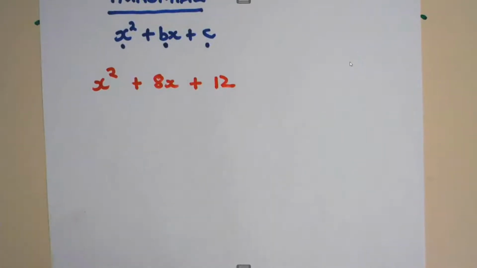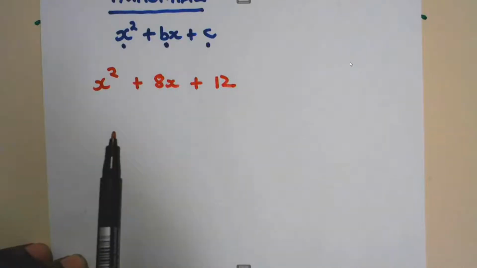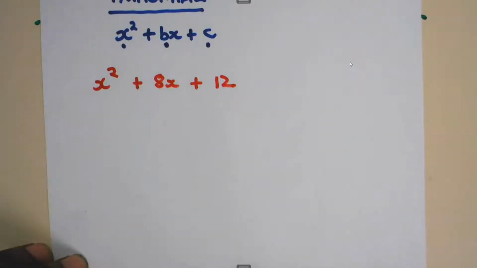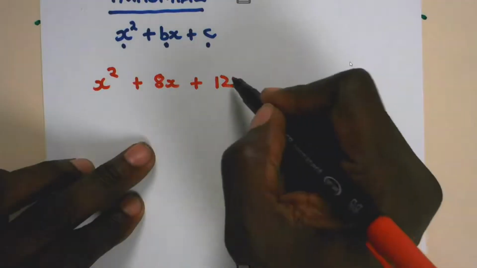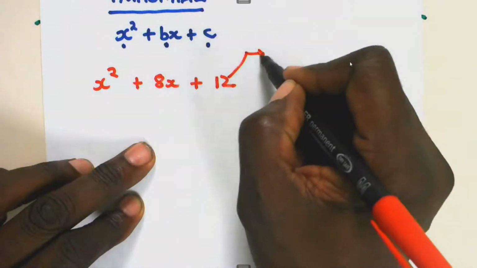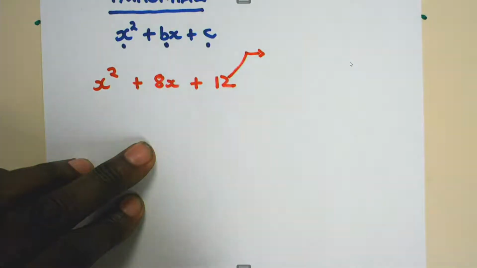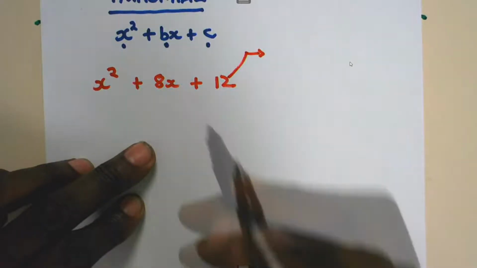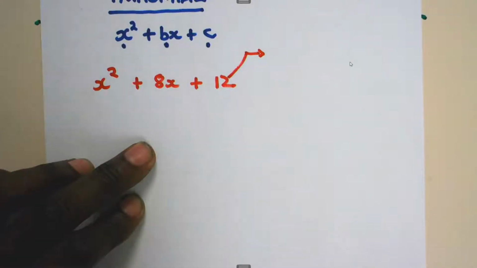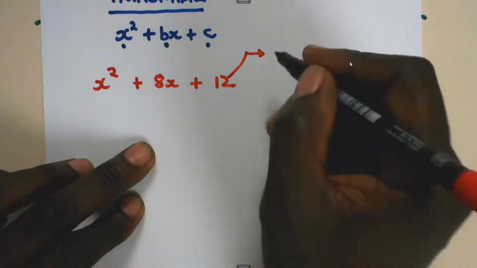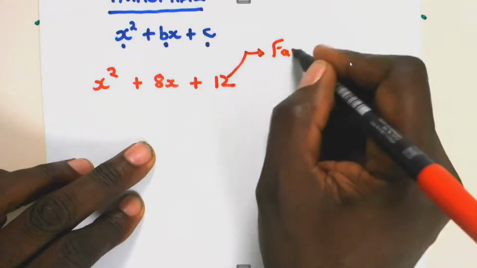Now, this one, we need to understand each and every term and every operation sign that divides this expression. 12, for example, I can explain 12. Which 2 numbers can you multiply to get 12? In other words, what are the factors of 12?